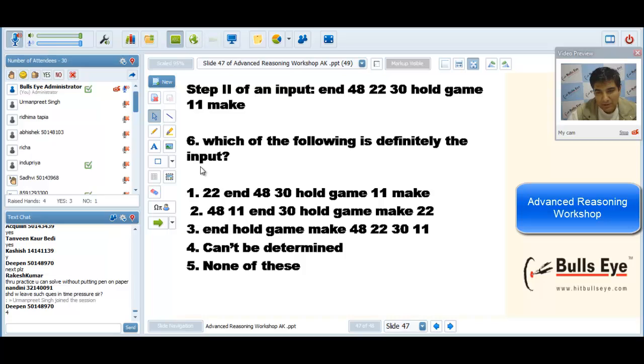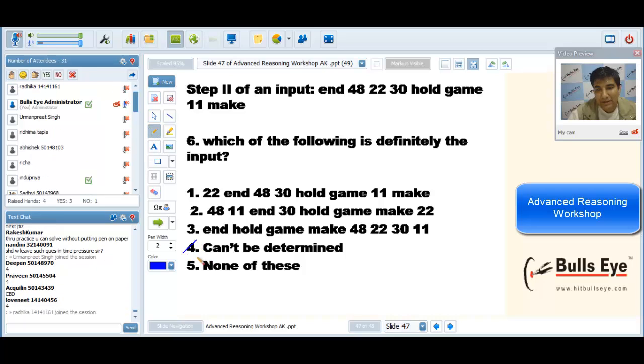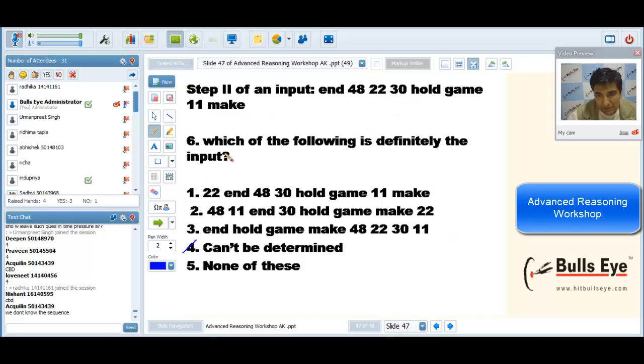Now people, the answer to this problem is cannot be determined. Why? Because you cannot go to the previous step, as you don't know where these numbers are coming from. Yes, we don't know the sequence. So that is why the previous step is generally cannot be determined.